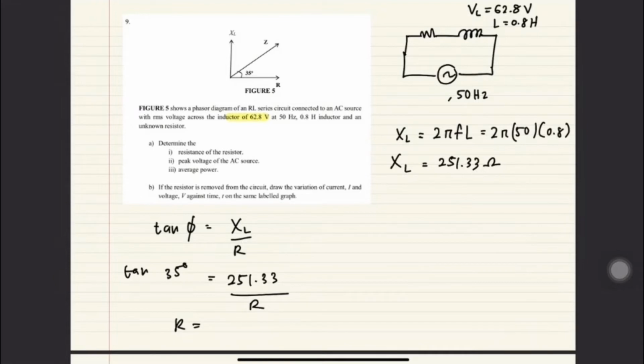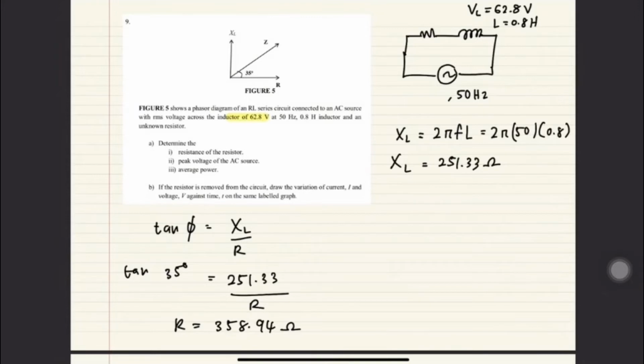So R I can solve. Since 35 is in degrees, make sure your calculator is in degree mode. This one here I got 358.94 ohms. Okay, did you get it too?